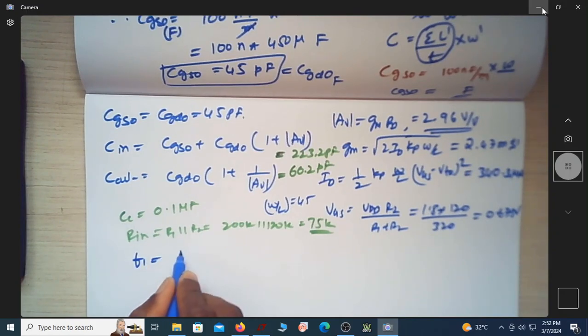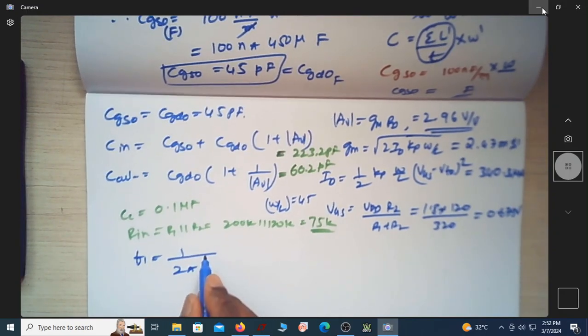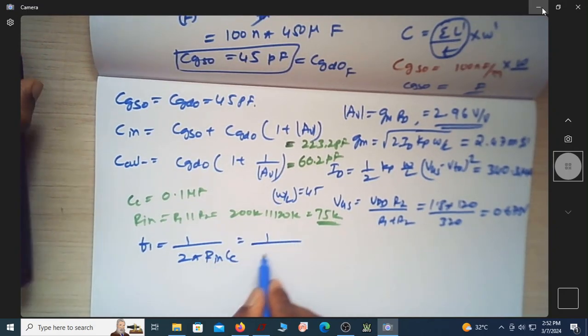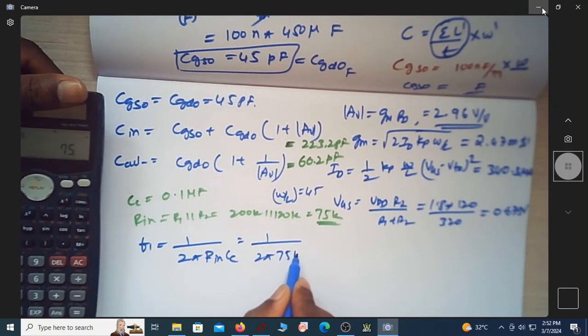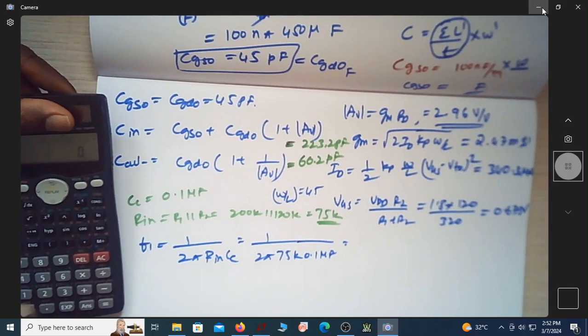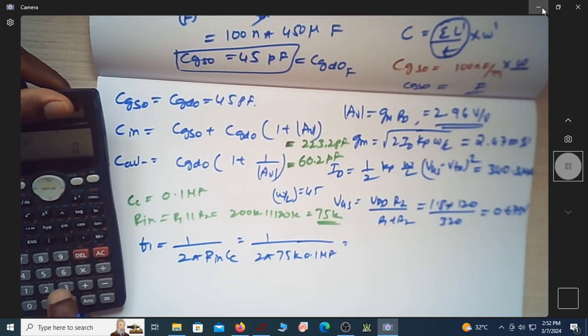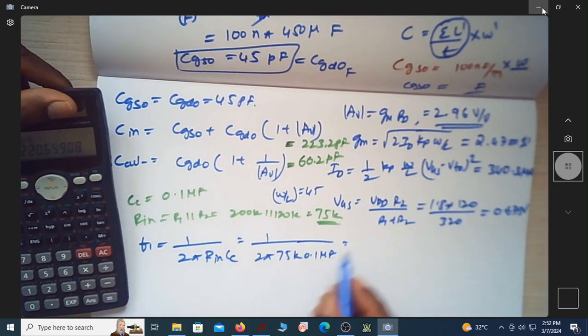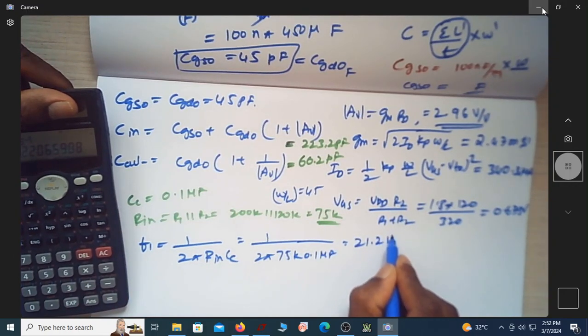F1 is 1 over 2 pi R in CC. So it is 1 over 2 pi 75K 0.1 microfarad. So it is 75 exponential 3 into 0.1 exponential minus 6 into 2 into pi. Now that is actually 21.2 hertz.